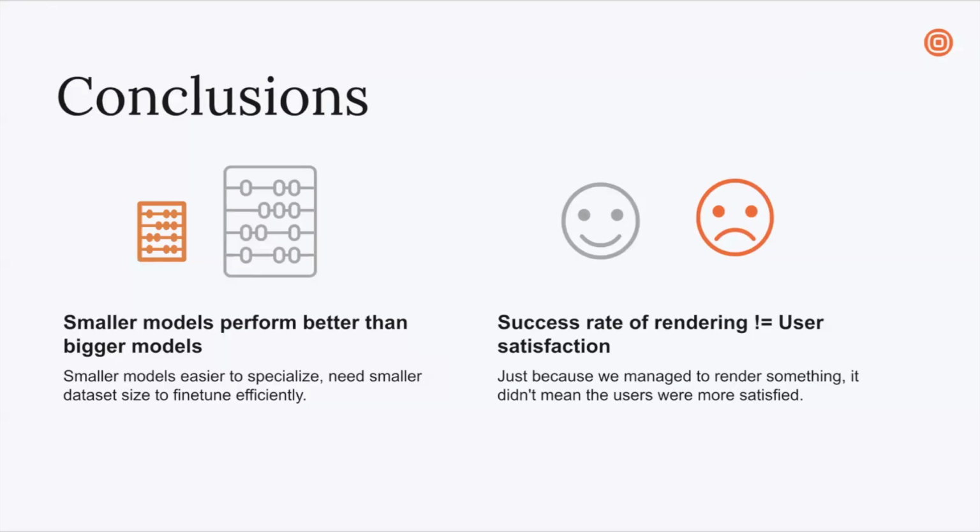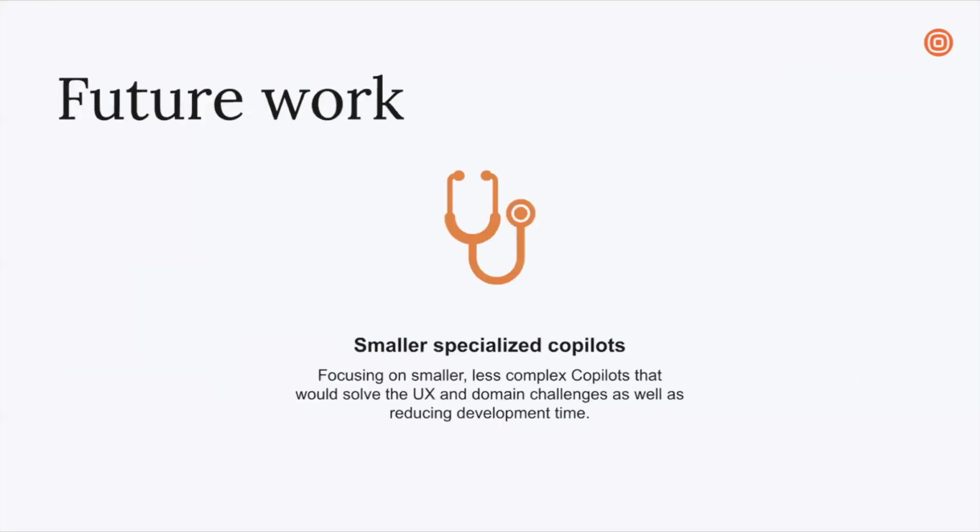So in the future, we plan to make a data set that's fully made with human input and not artificially generated. We will specialize, and we have also already started working on smaller, more specialized copilots for smaller parts of the platform that will solve our user experience challenges and reduce the development time before going for something as big as this.